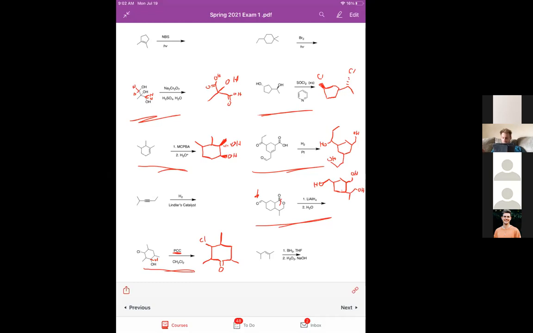Okay, so those are the reactions from chapter 12 that are on this exam 1 sheet here. This was, I believe this is the fall. Yeah, no, this is the spring. Let's find this fall one, see what that looks like.